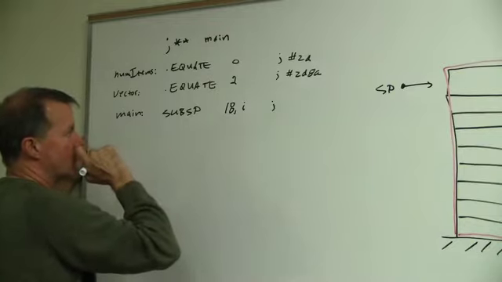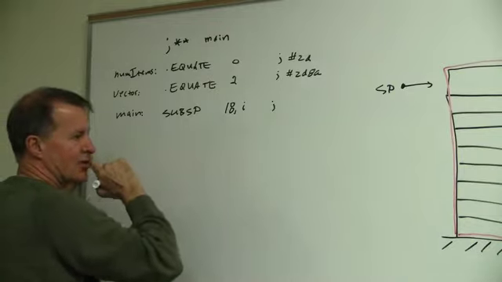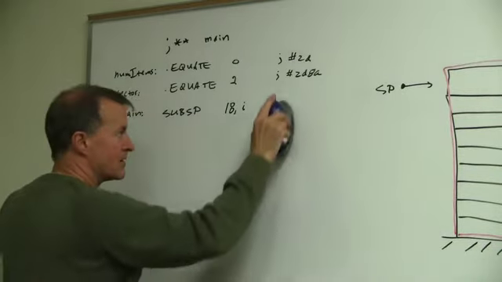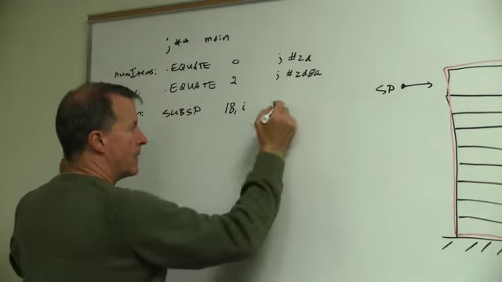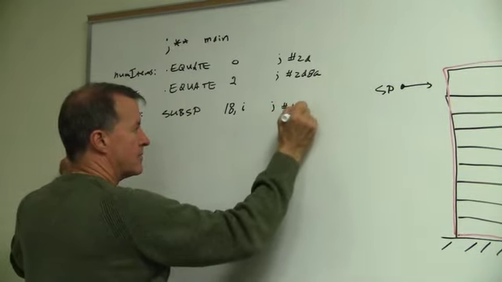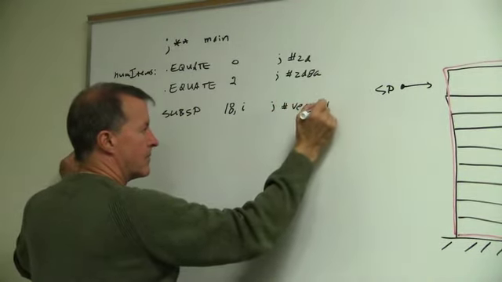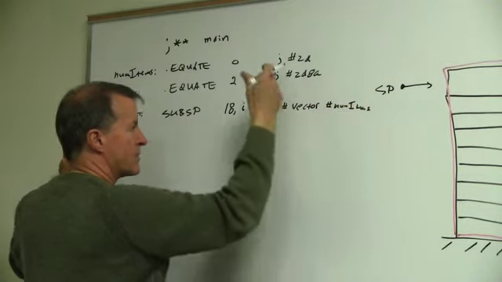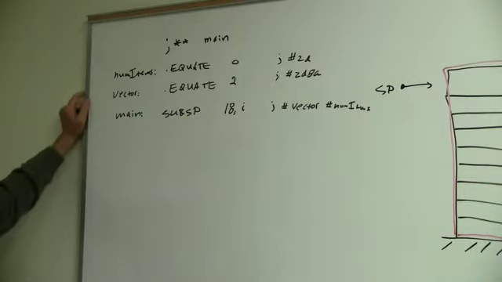And then when we sub SP 18 immediate, how do we do the trace tags on this sub SP? You have to do these in the right order. So the first one is vector, and then the second one is num items. Okay, so there's the trace tags for that.